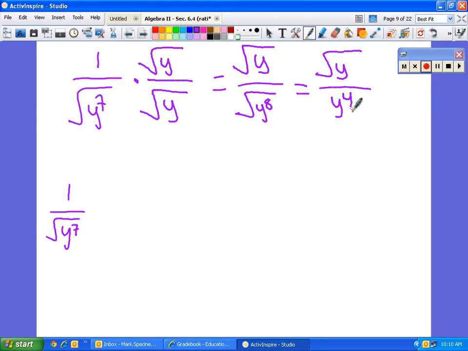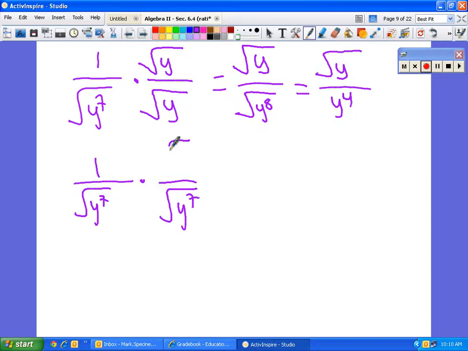Okay, now the other way is more complicated, but you might want to do it. And that is simply to multiply by itself. So what do I get?